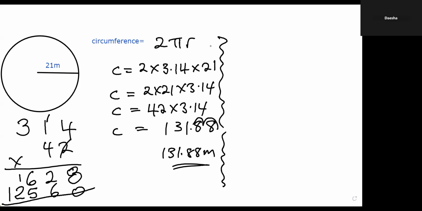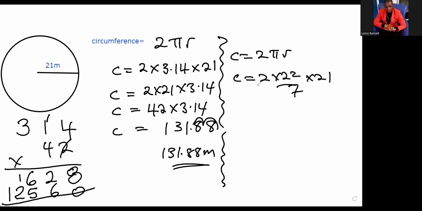Yes, sir. I think you could say C equals 2 pi r, C equals 2 times 22 over 7 times 21 meters. All right, work it out. So you say 22 over 7 times 21 over 1.